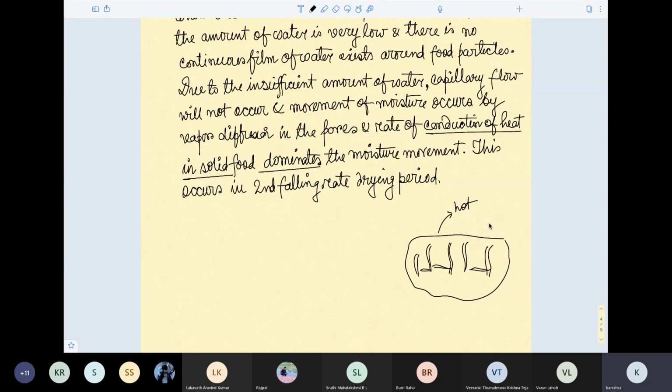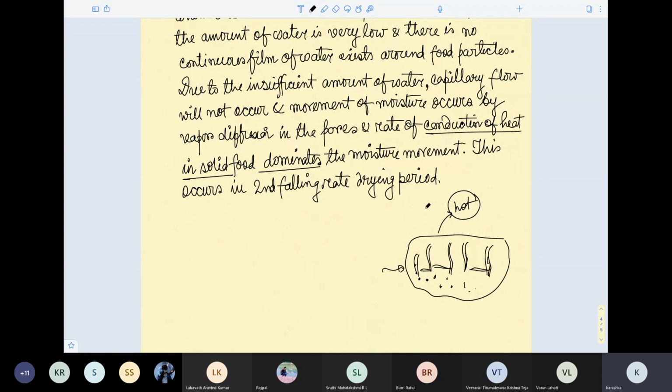So when it becomes hot, whatever amount of moisture is left within the food turns into vapor. When it turns into vapor, it tries to move along the pores. The moment it reaches some colder zone, it tries to condense. Conduction heating is from outside to inside, so the outside will be hot first, then it slowly moves to the core region.